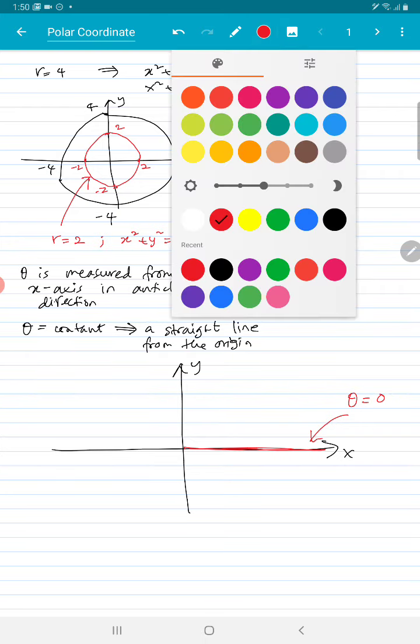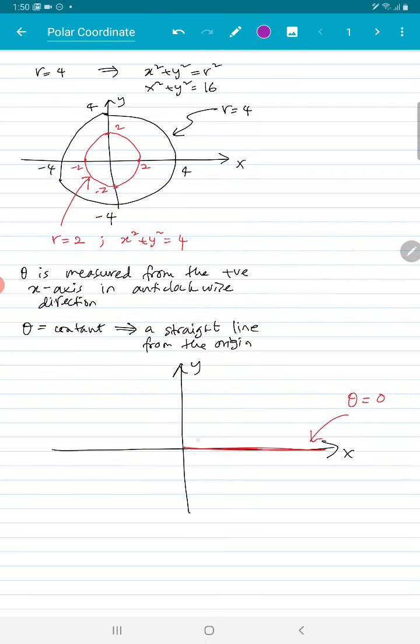Now let's say here we have 45 degrees angle, or pi over 4. It's right in the middle there. So the equation for that straight line, which starts from the origin, is theta equals pi over 4.